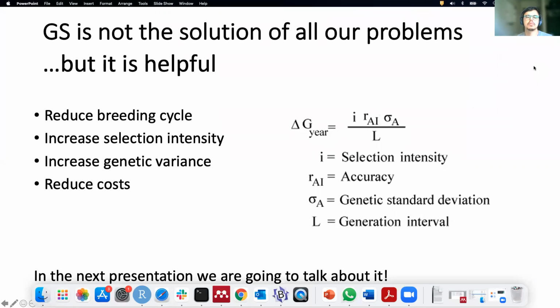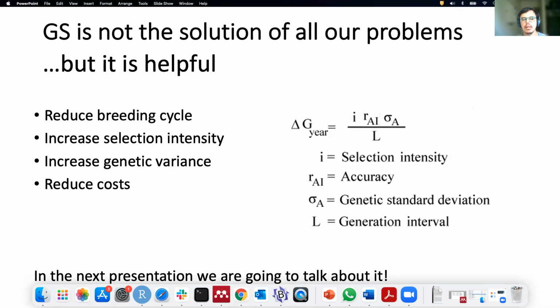But genomic selection is not the solution for all the problems that we have in plant breeding, but it's really useful, or it seems that it's useful. So a lot of companies are using genomic selection to increase the genetic gain per unit of time.